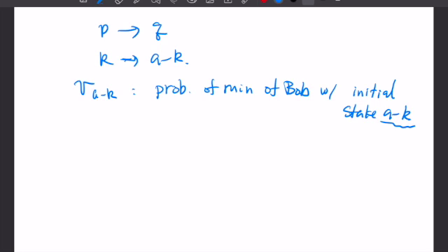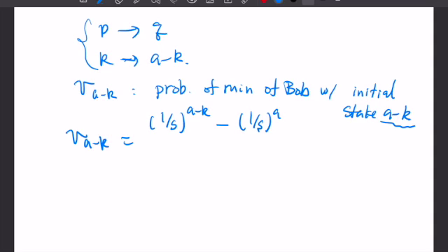Then just switching these variables in the solution of Alice's probability of ruin, we can prove that, you should try that yourself, this probability should be 1 over s to the power of a minus k minus 1 over s to the power of a over 1 minus 1 over s to the power of a, and that is when p is not equal to q.